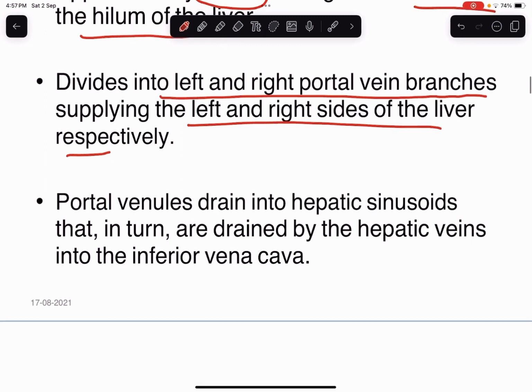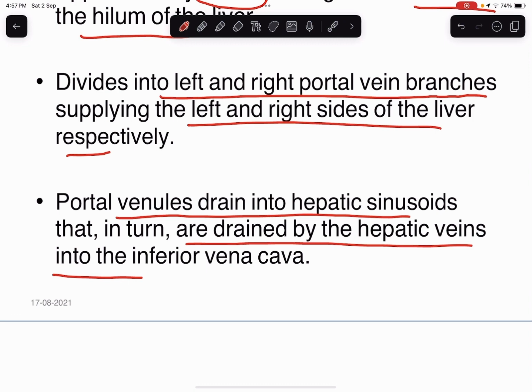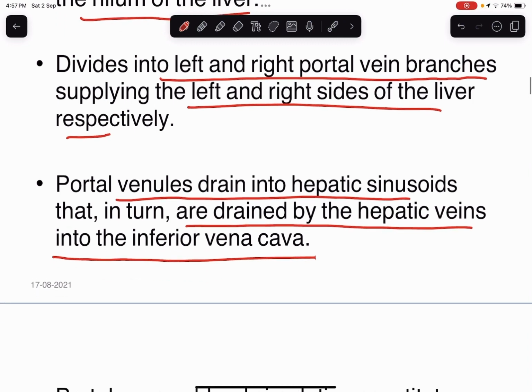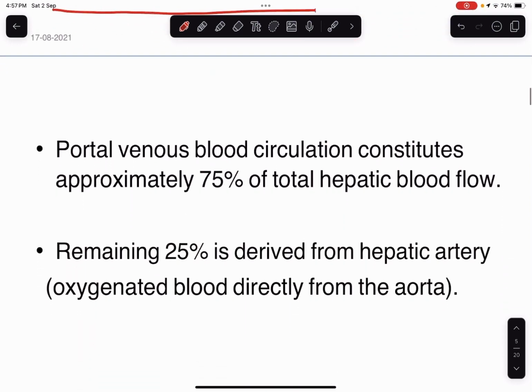Portal venules drain into the hepatic sinusoids, as I was just mentioning. These hepatic sinusoids are in turn drained by the hepatic vein into the inferior vena cava. So this is about the anatomy of the portal venous system.